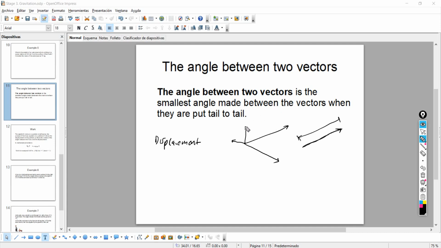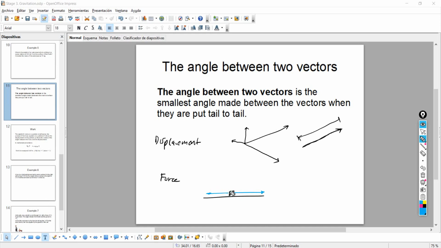What other type of vector did we talk about? Force, right? For example, if you have a box on the ground, you can push it, you can apply a force on the box in this direction, for example, or you can apply the same force but in the other direction, right?